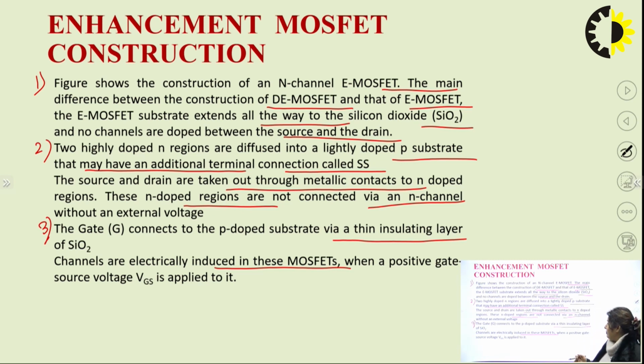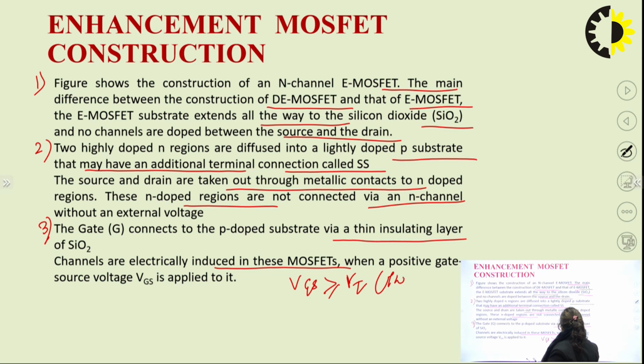Whenever you apply VGS, it should be greater than or equal to the threshold voltage, VT. Whenever it is greater than VT, the threshold voltage, only in that case the channel will be effectively formed or induced in between the source and the drain.